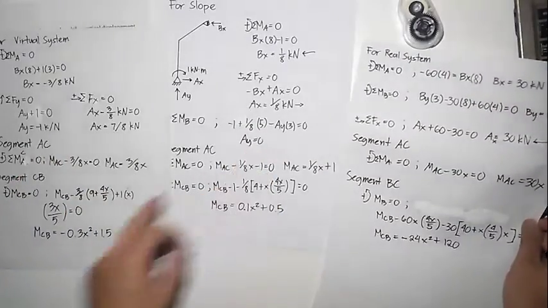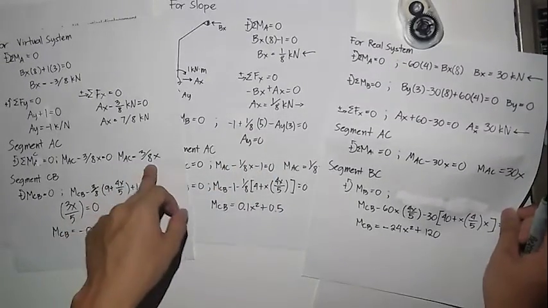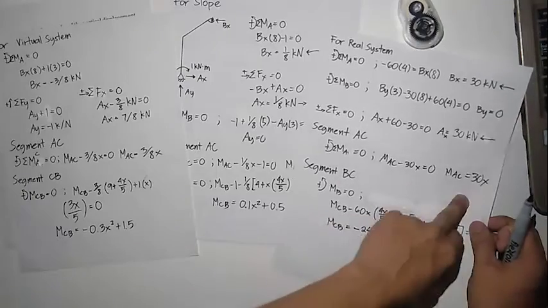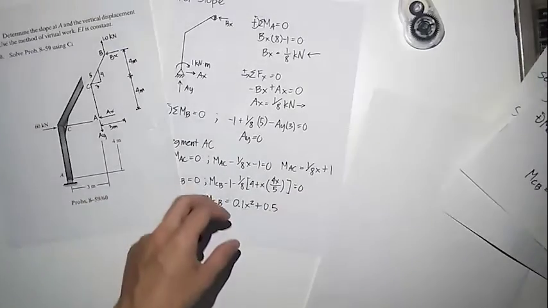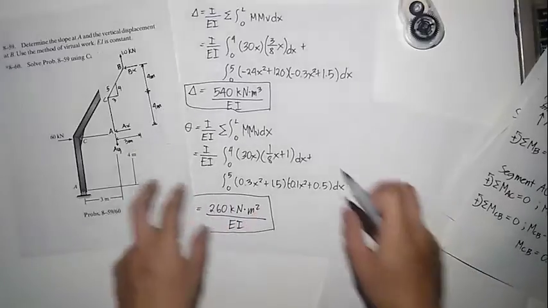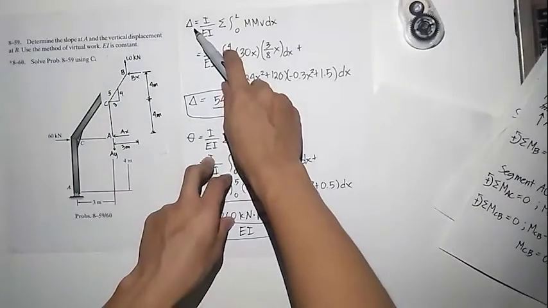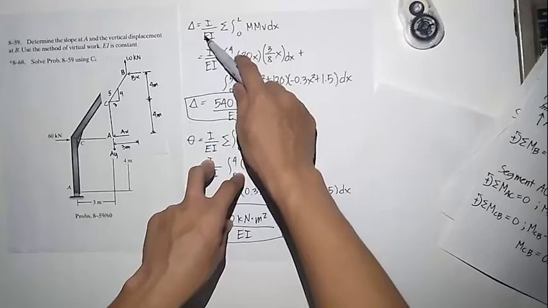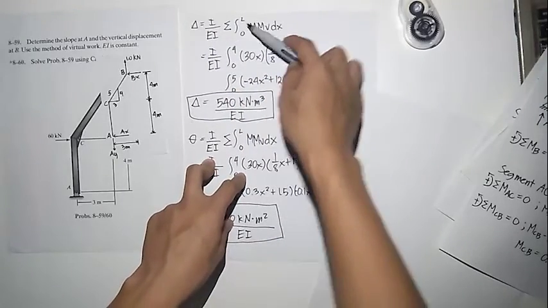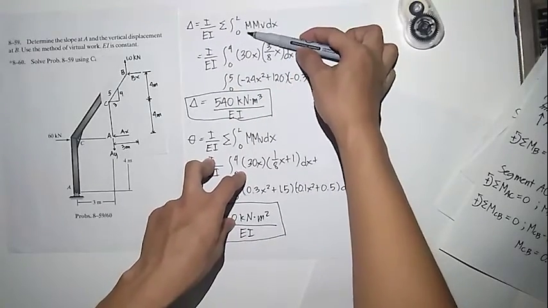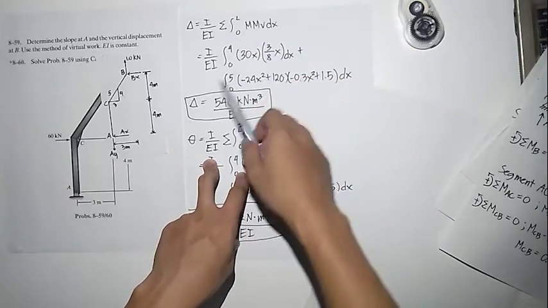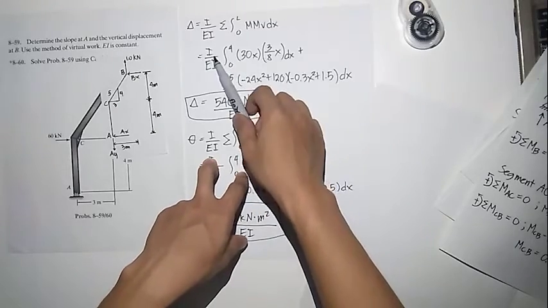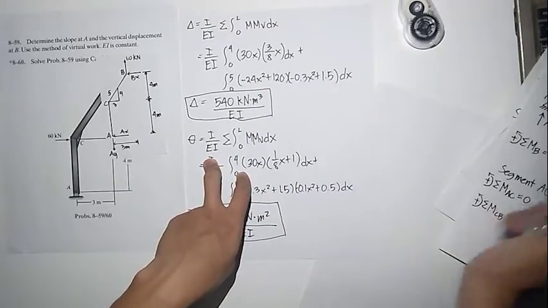Ito po, ito, at ito. So, para po i-input ang mga solutions o mga equation, ito po ang formula. So, the vertical displacement is equal to 1 over EI times the summation of the integral from 0 to the length of m times mv dx, from moment to moment. So, i-substitute lang po natin yung mga nasolve po natin kanina.